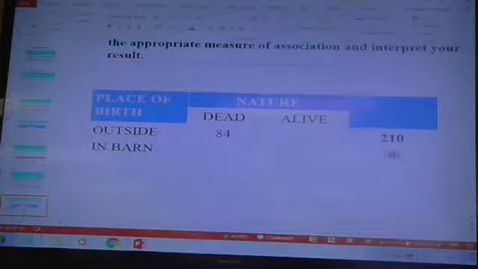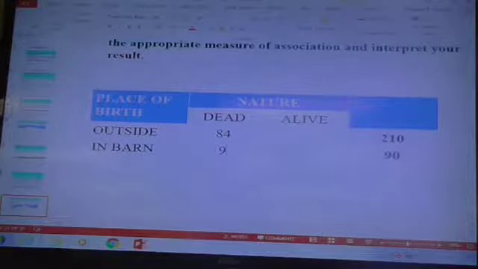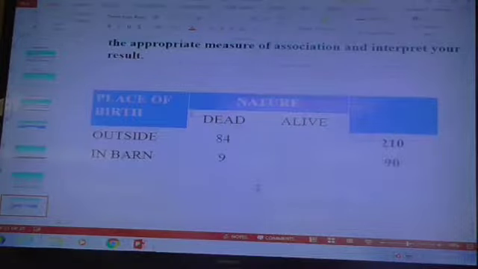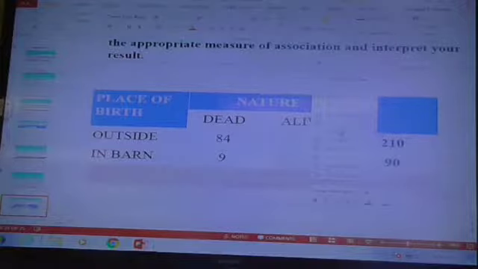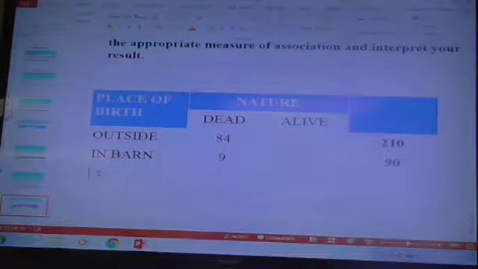Here we have 90. Here we have 9. So again, we don't need this. And our measure of association is what? Yes, risk ratio.